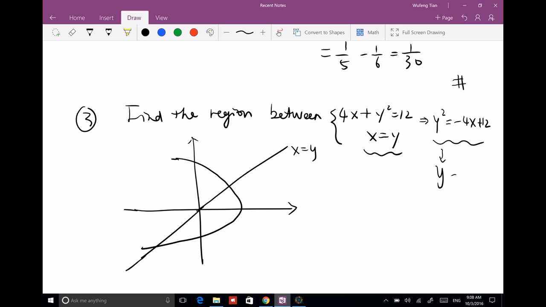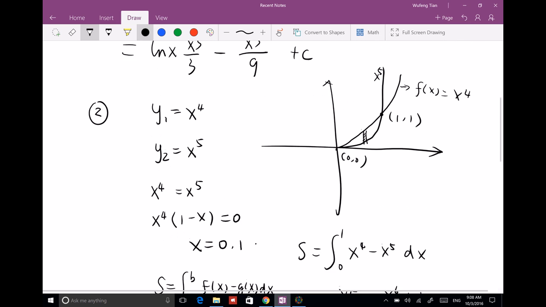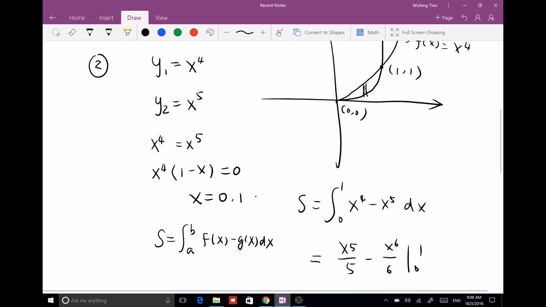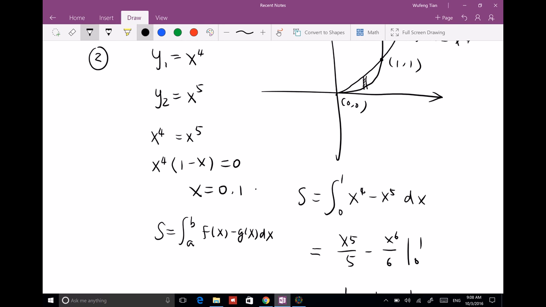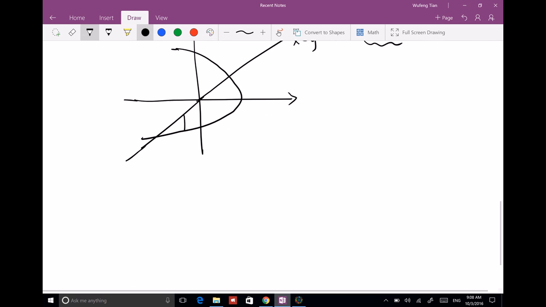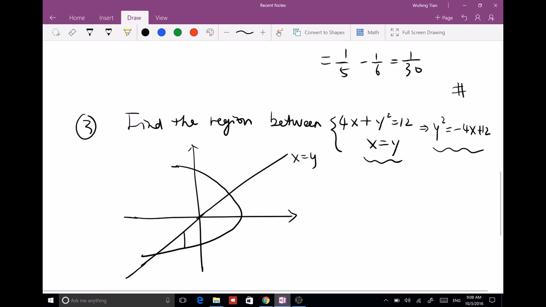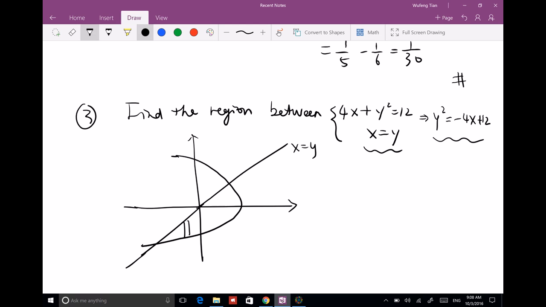So now, if you do f(x) minus g(x), think about this. I have already given you an area using f(x) minus g(x) in the second problem. Why do I give you another one and use the same method again? It should be a little bit different. So this one, you can use f(x) minus g(x) this way.